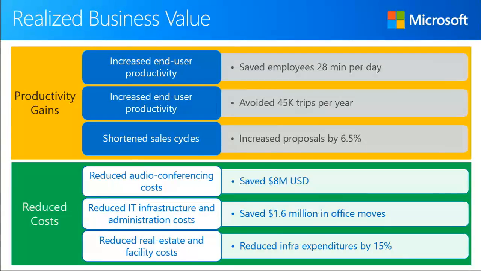One of the big ones here that I like to call out is where we talk about the reduced infrastructure and administrative costs. In 2010, we did 75,000 office moves. At $22 a move, add, or change, it added up to about $1.6 million. That was an instant savings that we saw just in the first year and has paid off every year since.